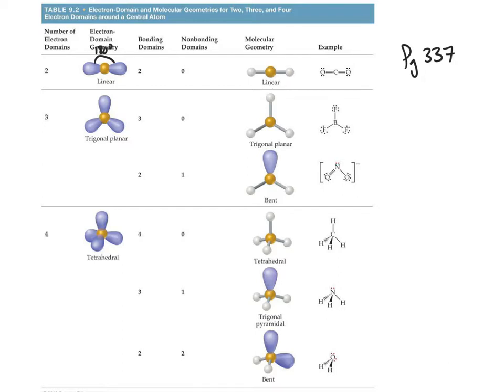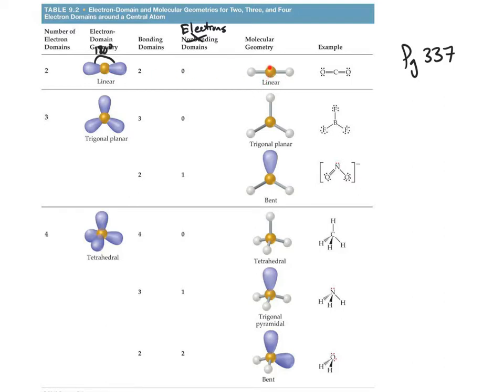Now, there's no other way besides bond domains in order to do 2. You can't have 1 bond and 1 non-bonding pair of electrons. We're going to call non-bonding domains electron pair domains. But they always are bond domains when there's just 2. You can't have 1 of each. Now, as a result, the electron domain geometry matches the molecular geometry.